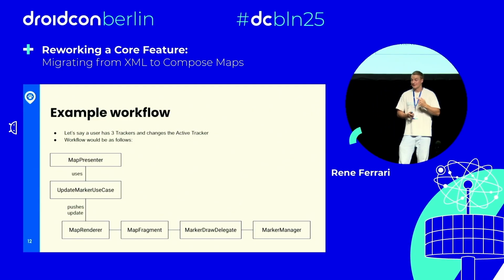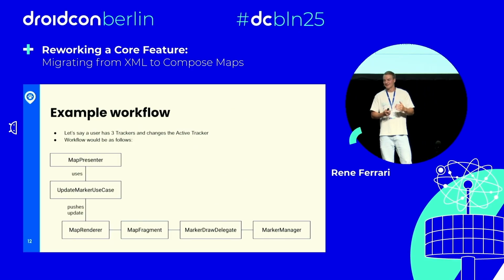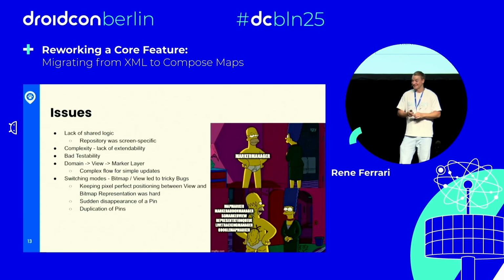So it was a super long flow, and it was very complex to extend. Especially you can imagine if I extended by one functionality, I'd have to touch all these classes. And what once started as this cute idea grew into this behemoth.